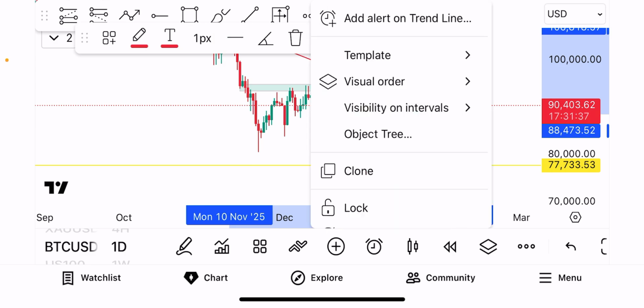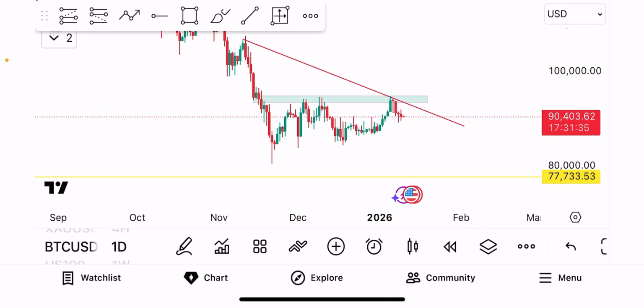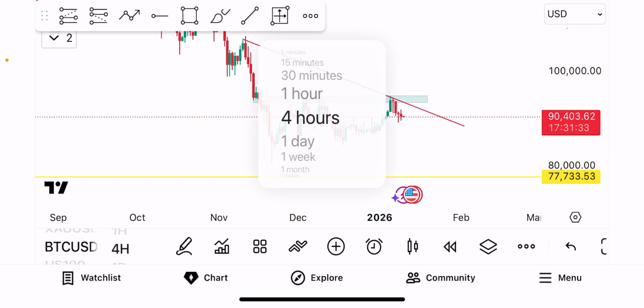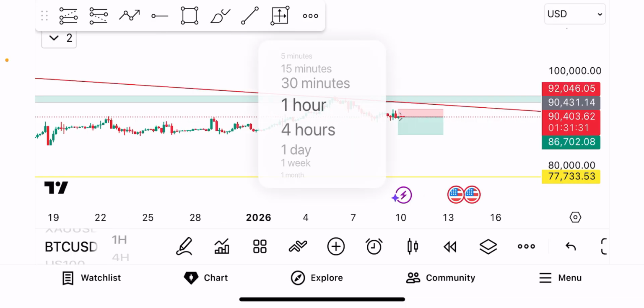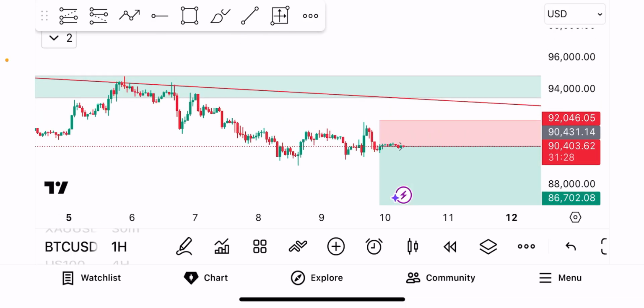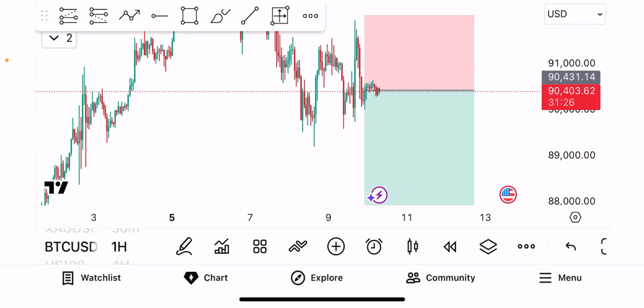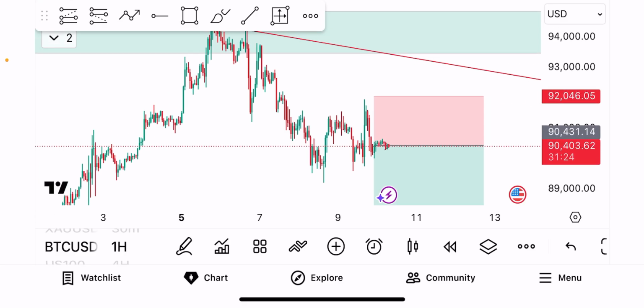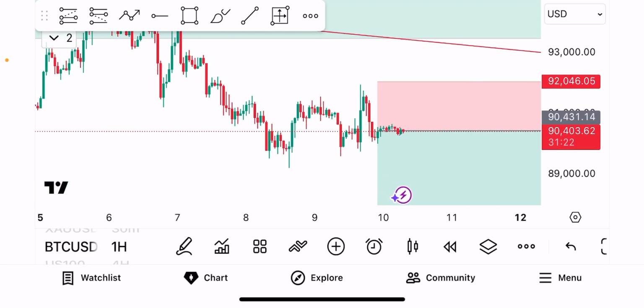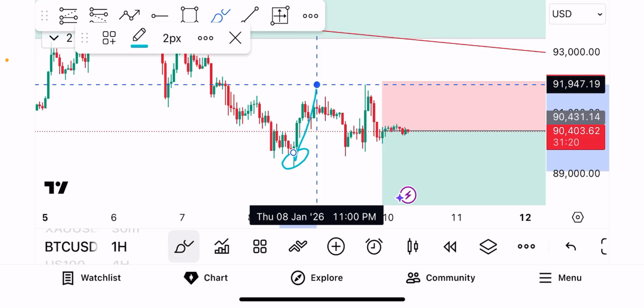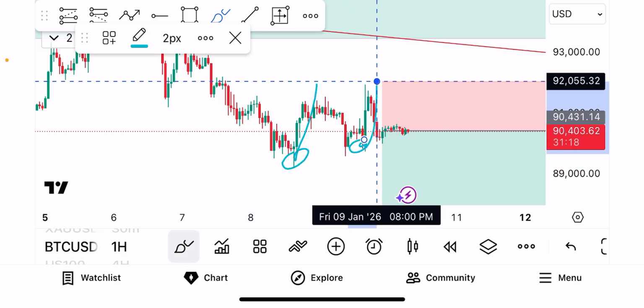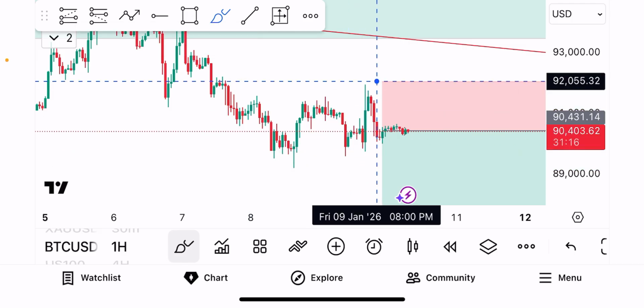We actually have a position running in BTC USD. We gained the entry from the 1 hour time frame. So here from the 1 hour, we see that price pulled back from here. It also pulled back. So every pullback is an opportunity for us to sell.